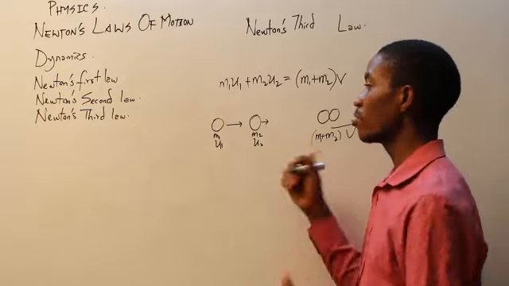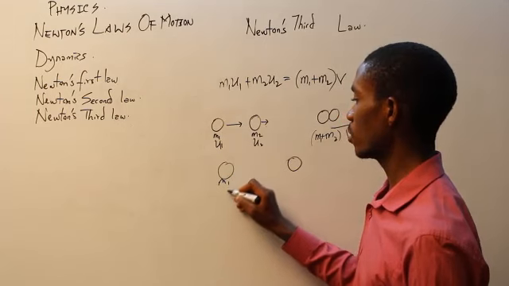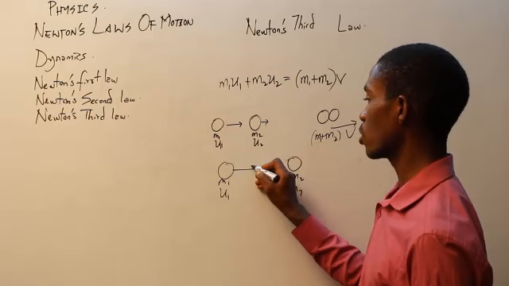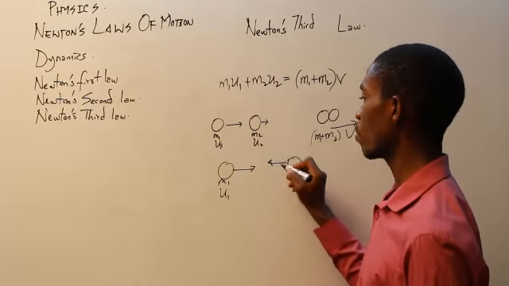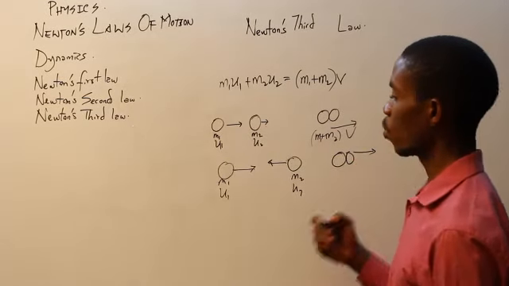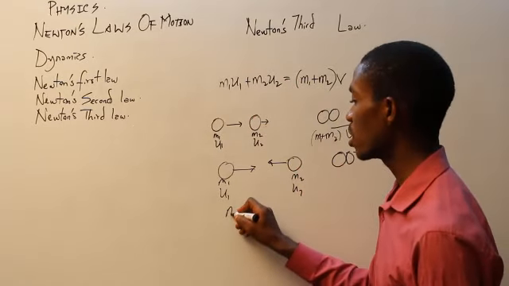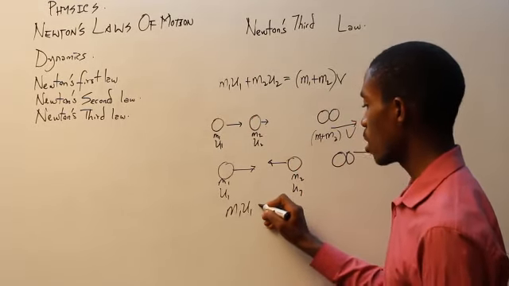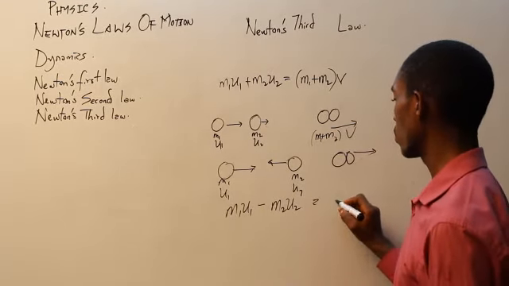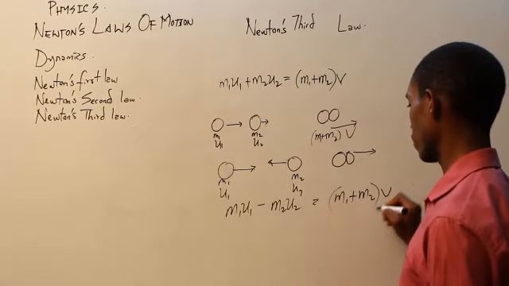In a case where we have two bodies, M1 and U1, M2 and U2, this one is coming like this while the other one is going the opposite direction, and they join together and move in one direction. What our equation would look like would be M1 U1 minus M2 U2 equals M1 plus M2 V.